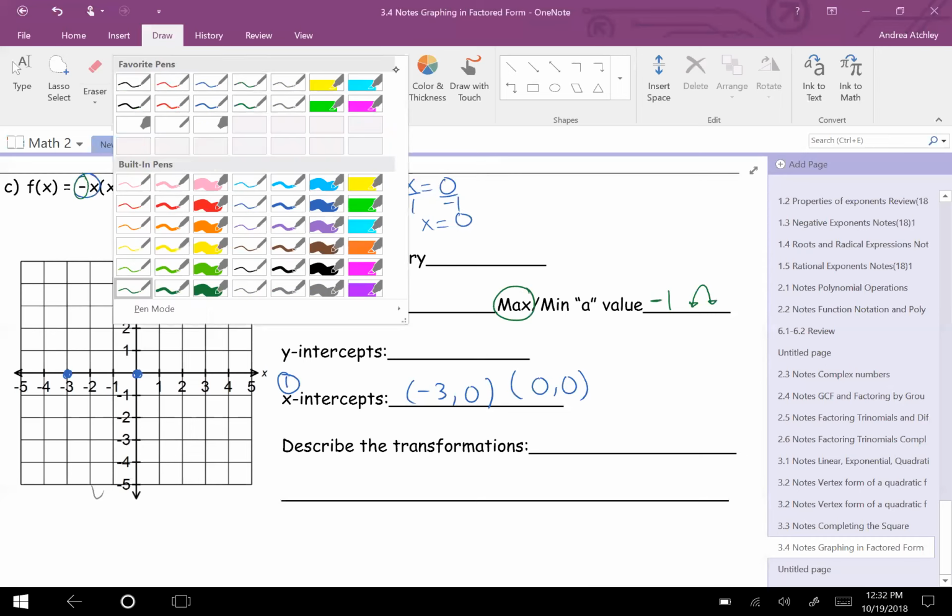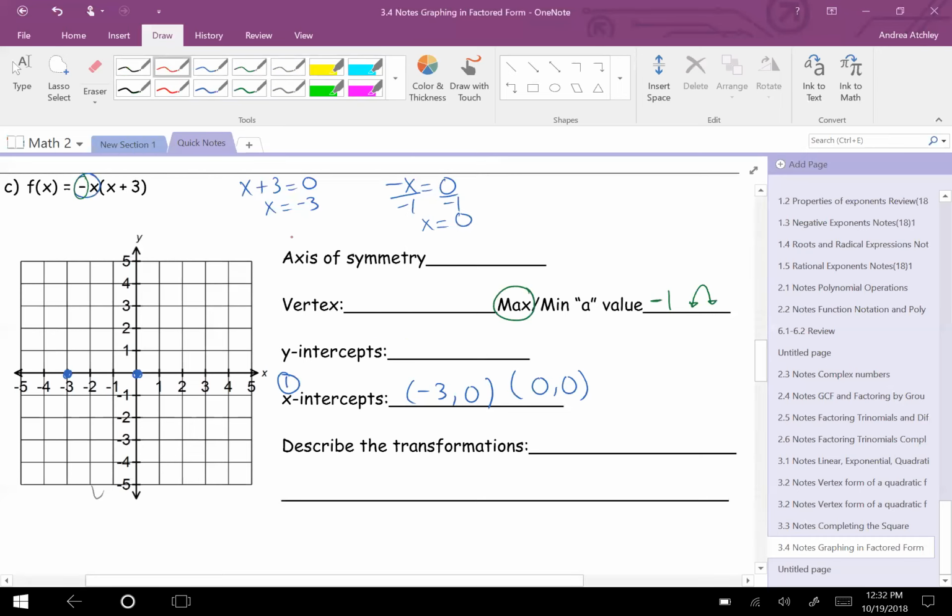Okay, now we want to move on to our axis of symmetry, step 3. This is a little trickier. What's in between -3 and 0? Very good, -1.5. So it's kind of like right here.